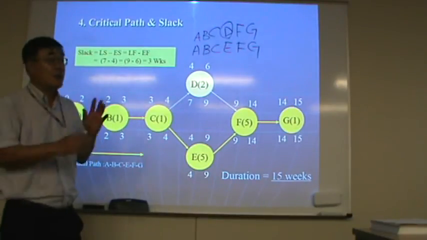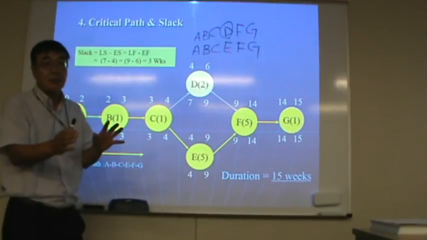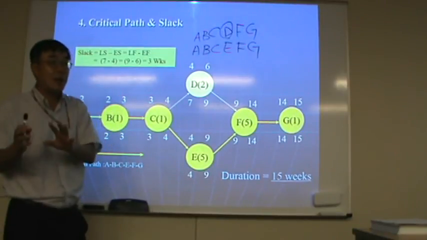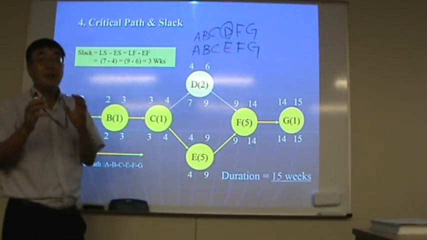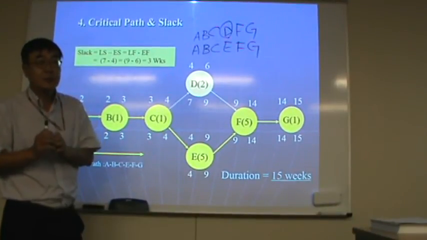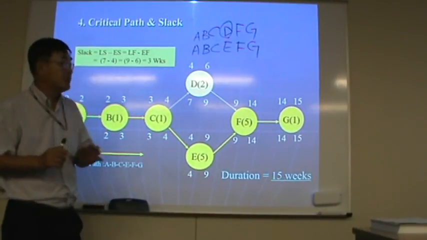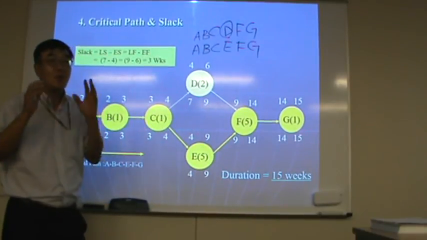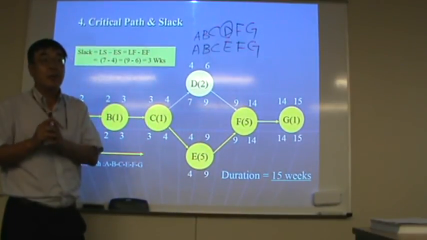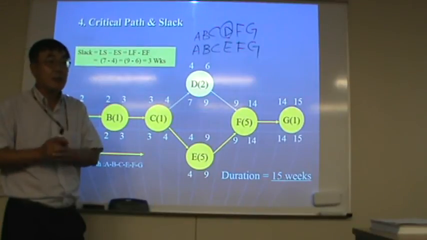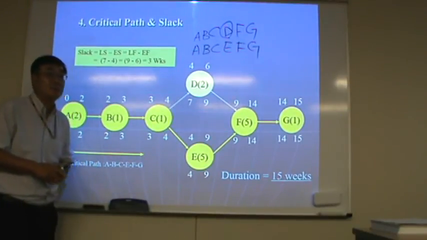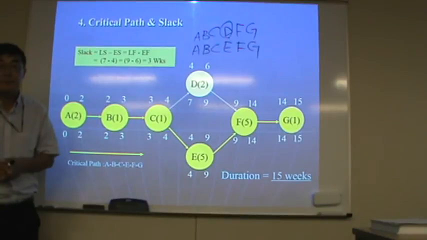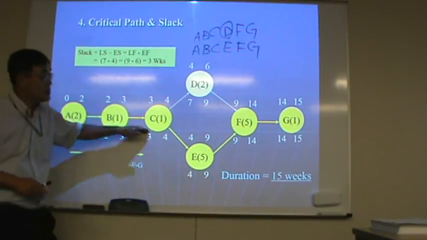If a path doesn't have any non-critical activity, or consists of all critical activities, that is the critical path. You know what I mean? So this one is critical.